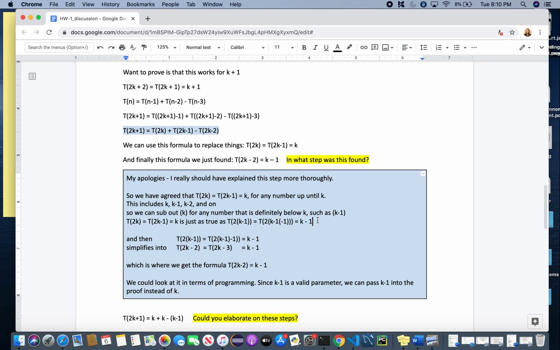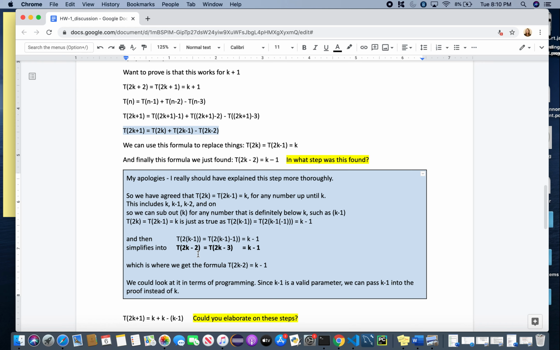It's good to go. So I plugged it in, here we have it, and then I distributed the 2, simplified it, and this was the equation I was left with, which we know is true because it's just k minus 1 in there instead of k. So that's where we get this formula.